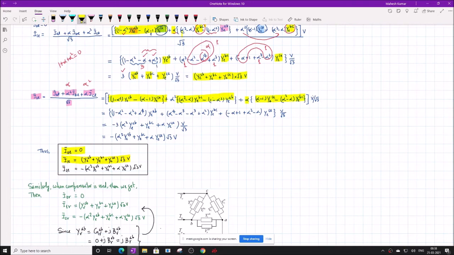Collect the coefficients of YLAB, YLBC and YLCA. We will get these terms: 1 minus alpha square from AB. This is YLAB here and this is AB here. So this gives us 1 minus alpha square from this, and from this alpha square minus alpha 4, this one. Okay, and then comes the next one, YLBC. This is YLBC here and YLBC here.